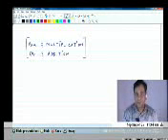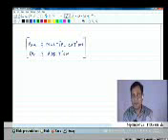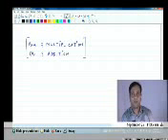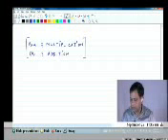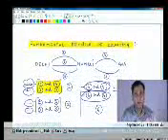So using this, there is one concept which I just told you, that is the fundamental principle of counting.